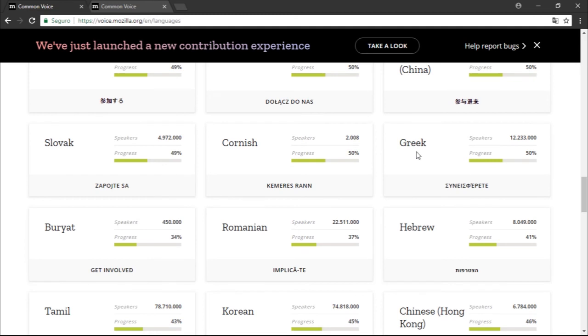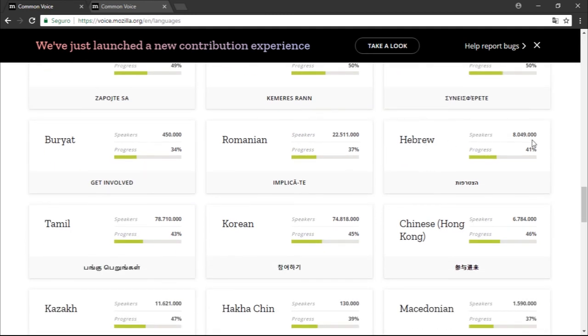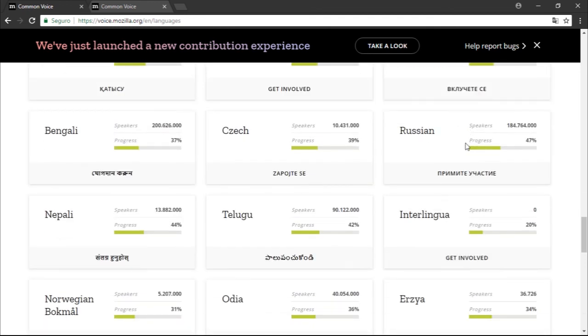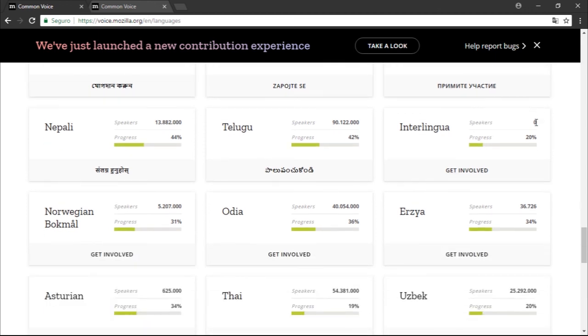So that is Greek, okay? The Romanian, Hebrew. Still people speak Hebrew, 8 million people. Korean, Chinese from Hong Kong, Czech, Russian. Russian has almost the same number of speakers as Portuguese.